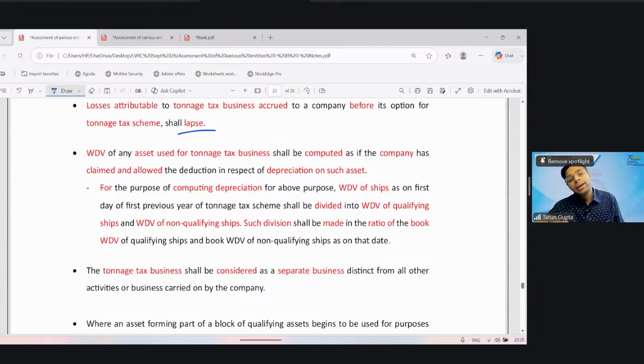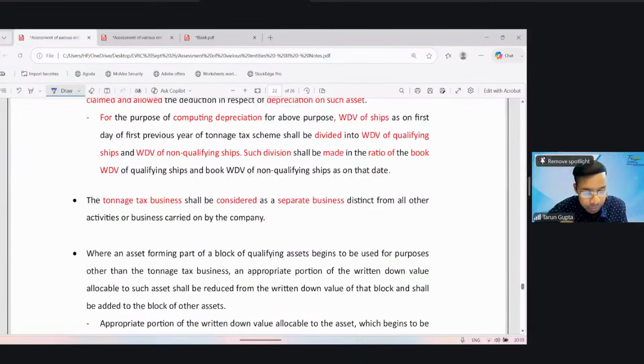So what we do is that the WDV at the opening of the year when we opt for this scheme is apportioned between the two businesses on the basis of book value of assets as on such date, as used by the business of tonnage taxation or any other business. The tonnage tax business is considered a separate business, distinct from all other businesses of the entity.